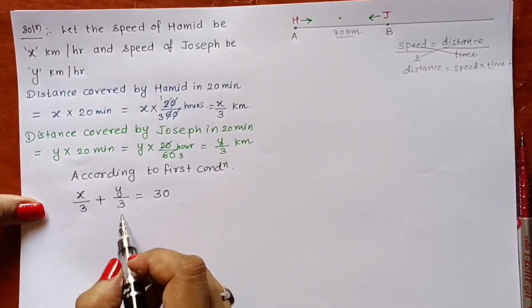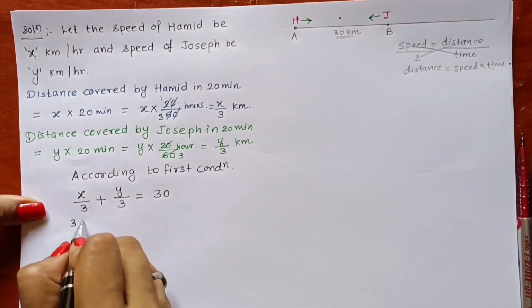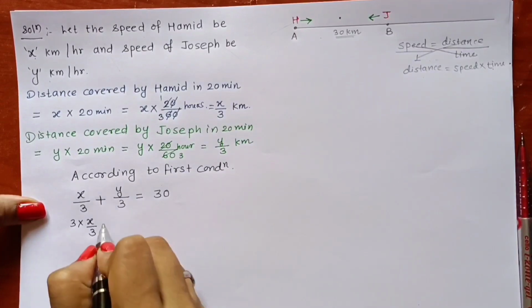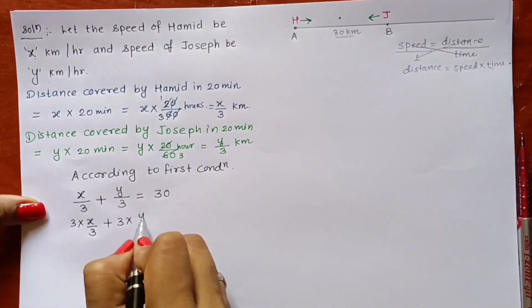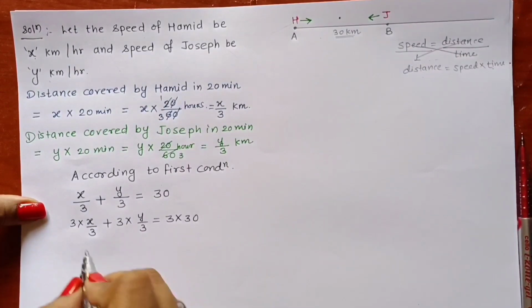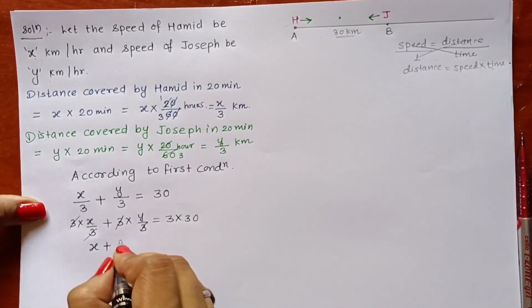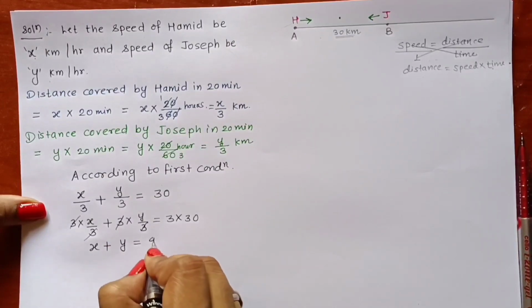As 3 is there, we multiply by 3 throughout the equation. So 3 multiplied by x upon 3 plus 3 multiplied by y upon 3 is equal to 3 multiplied by 30. Cancel this. x plus y is equal to 90.